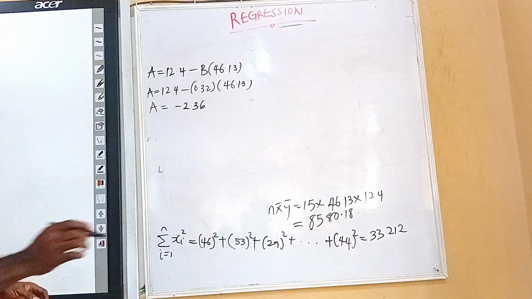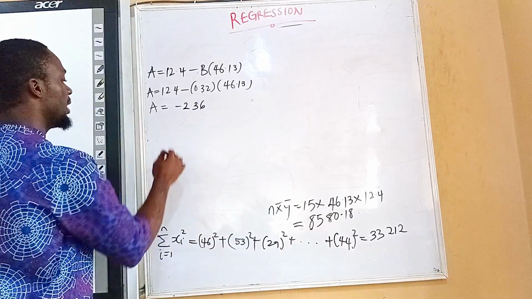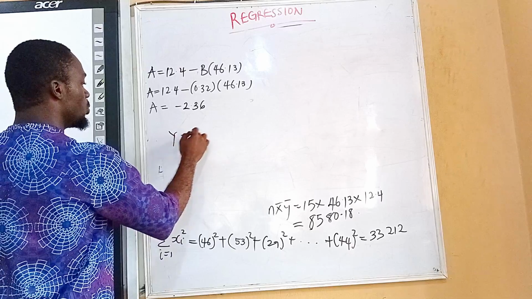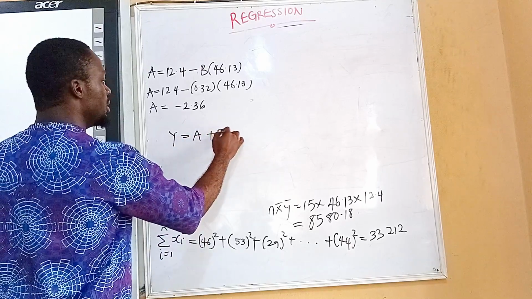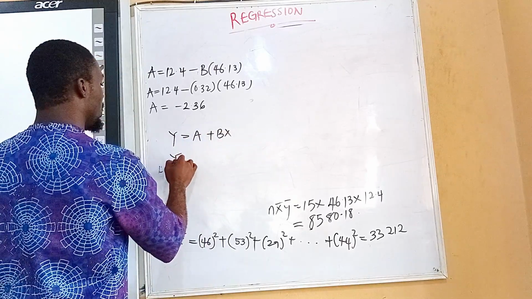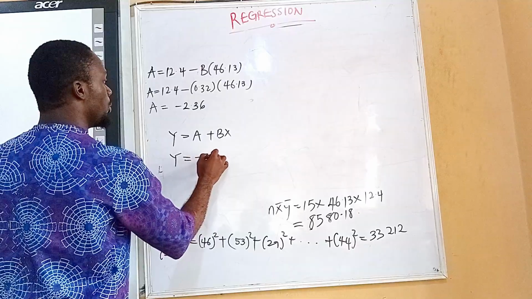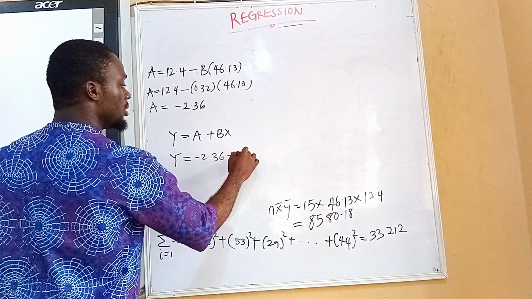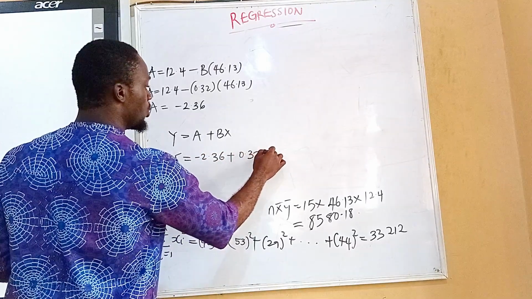Remember that our model y is equal to a plus b x. So y is now equal to minus 2.36 plus 0.32 x.